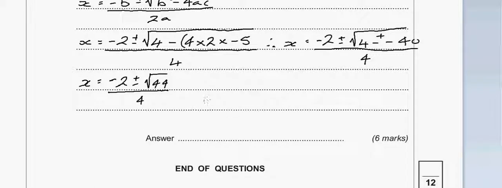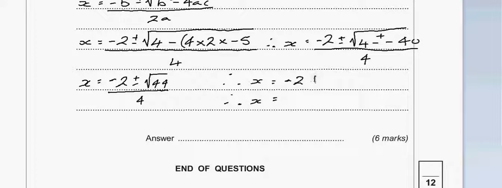So obviously we don't know the root of 44, so we're going to have two answers here because it's plus or minus the root of 44. So we can write therefore and therefore. Okay, x will equal, because we'll have two answers, so we'll have minus 2, minus 2.